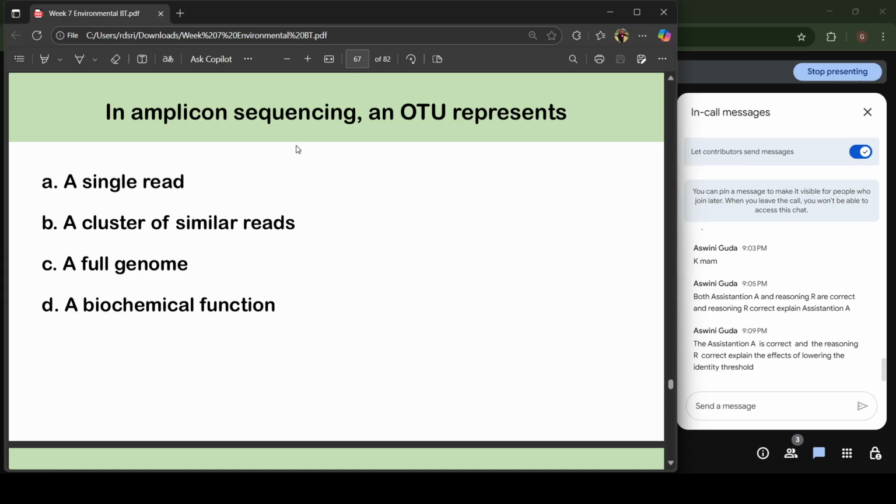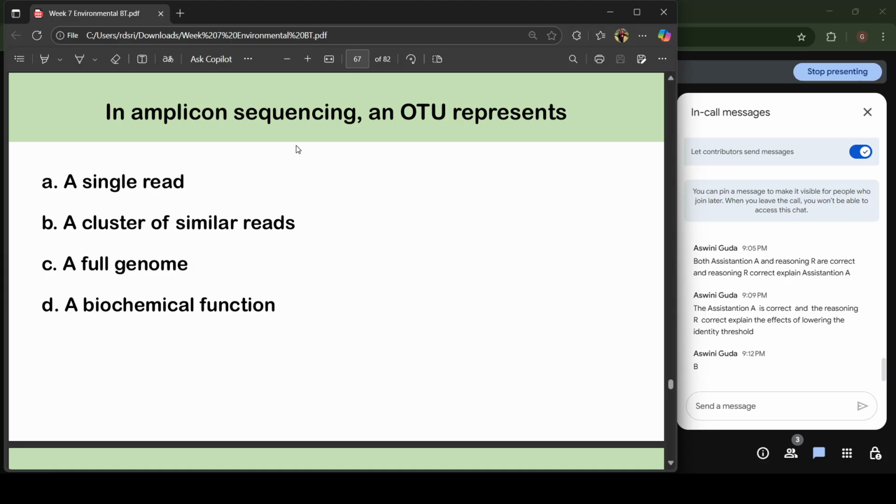In case you are confused with the previous question, please let me know. I will repeat it. You're right. In amplicon sequencing, an OTU represents a cluster of similar reads.